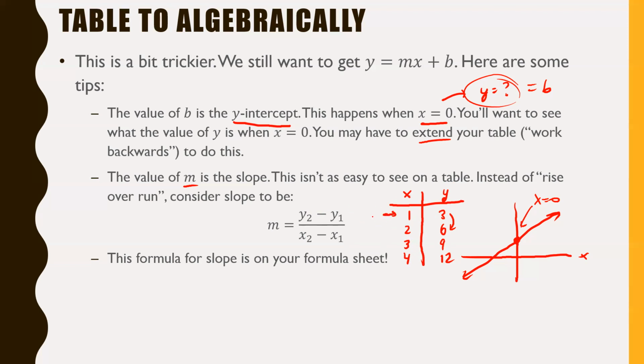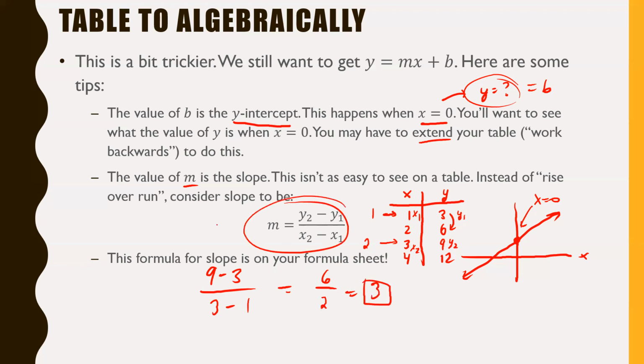So if we say this is point 1, and we'll say this one is point 3, I just skipped one for fun here, then this is our y2 and this is our x2, and this is our y1 and this is our x1. So you can go y2 minus y1, so 9 minus 3, divided by x2, which is 3, minus x1, which is 1. And of course, 9 minus 3 is 6, 3 minus 1 is 2, and 6 divided by 2 is 3. Just like I said, we knew we were going up by 3 each time.